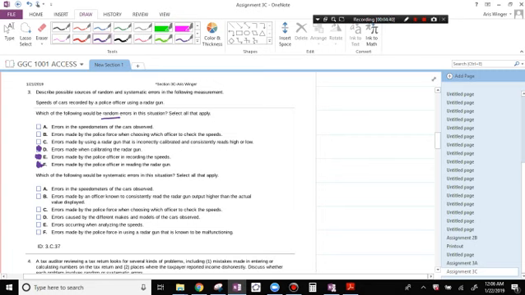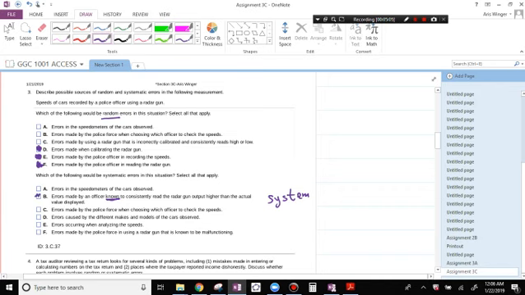Errors in the speedometers of the cars observed. Systematic. Errors made by a police officer known to consistently read the radar gun output higher than the actual value displayed. Okay, so this officer, who is known to always have this problem, is part of the system that can be corrected, right?